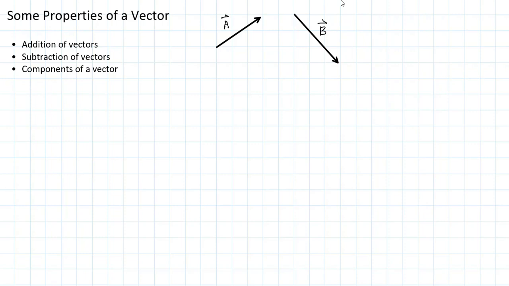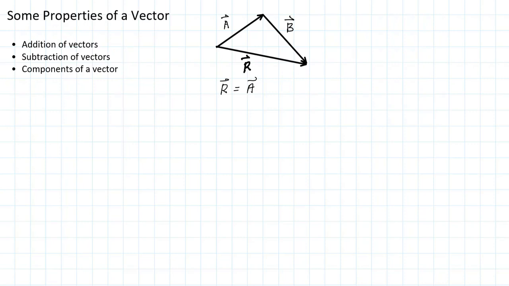In the graphical method, to add vectors A and B, just place the base of vector B at the tip of vector A. The resultant vector is an arrow drawn from the base of A to the tip of B. Let's call this vector R. R is the sum of vector A and vector B.